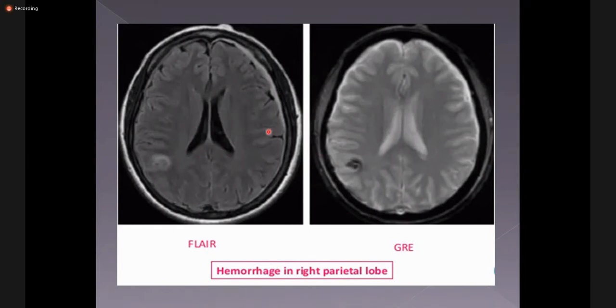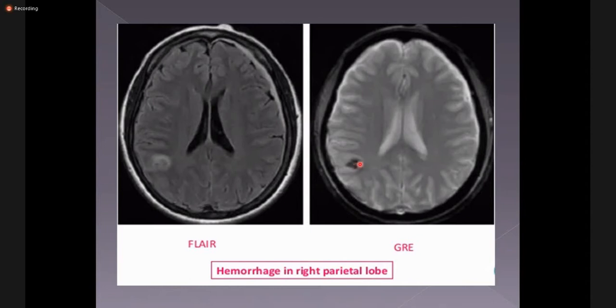CSF is black, and this is the gradient echo. On the conventional FLAIR images, we see a hyperintense signal in the right posterior parietal region. But we cannot be sure whether it is a hematoma, an infarction, or a tumor. So when we go for the susceptibility gradient echo, it shows the dropout of the signal.